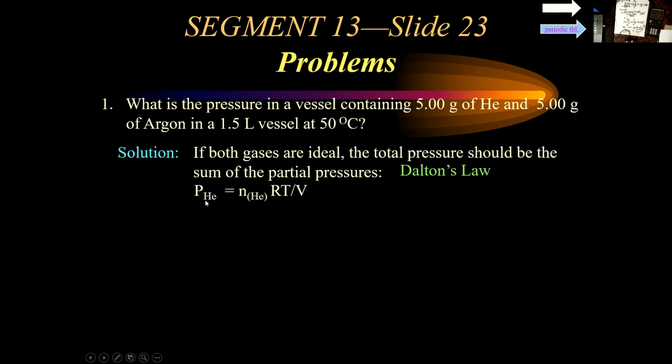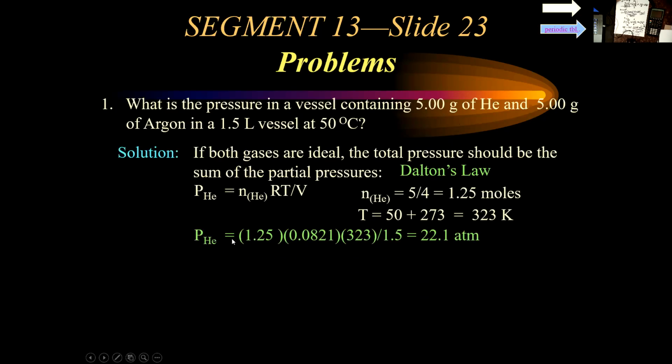And the pressure of each one is number of moles times RT over V. The pressure of the helium would be, the number of moles of helium is 5 grams, molar weight is 4, it's 1.25 moles, and the temperature is 323 Kelvin. And so I get 1.25 times 0.081 times 323 divided by the volume of the container, 1.5. It's 22.1 atmospheres. So this gas would have 22.1 atmospheres.